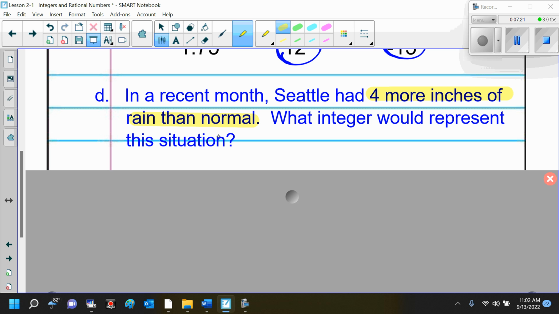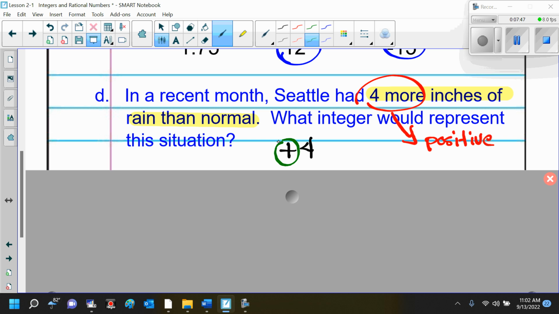Or whatever it is, right? 4 more than that would that be positive or negative? Positive. Right, this would be positive. So the integer that represents 4 more inches would be positive 4. Is everybody clear? And of course, do I need to write that plus sign in the front? No. So we're just going to write 4.